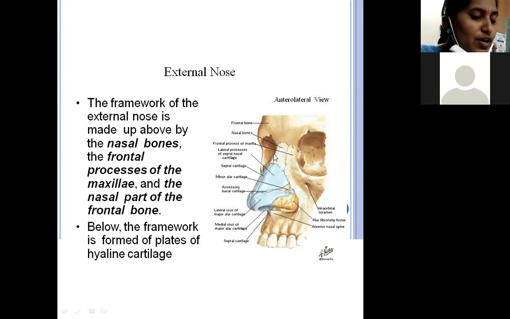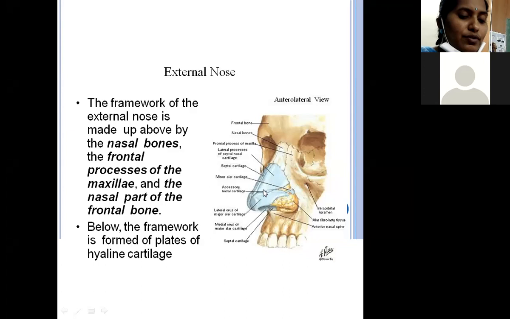So the framework of the external nose above is formed by the nasal bone, the frontal process of the maxilla and the nasal part of the frontal bone.